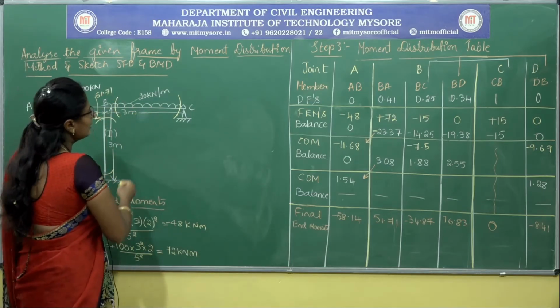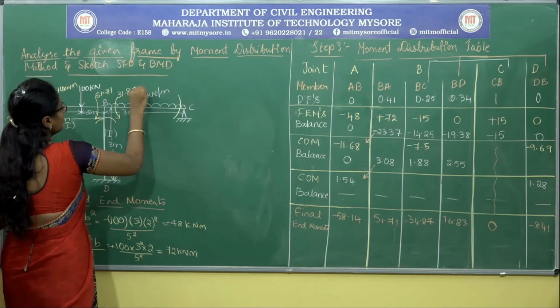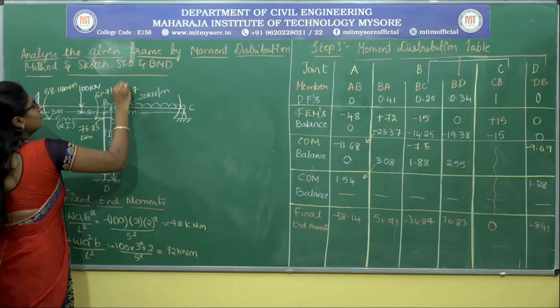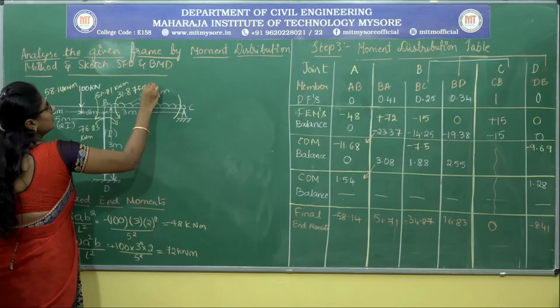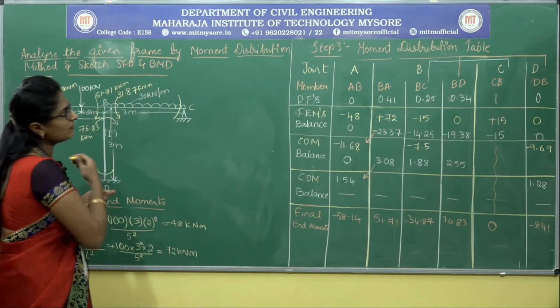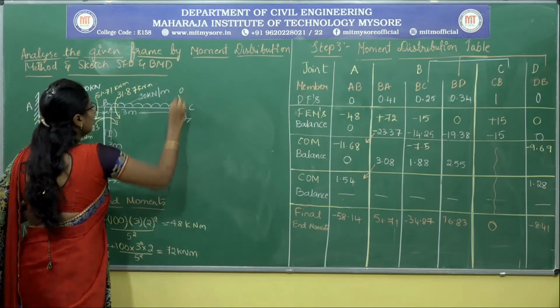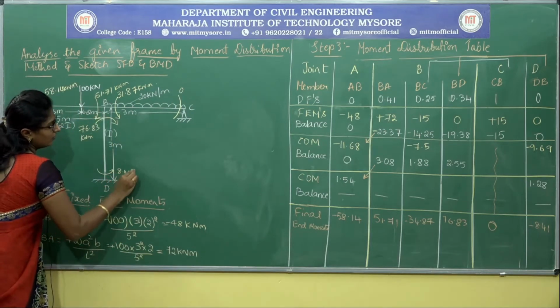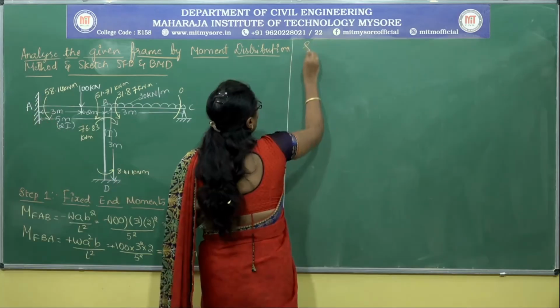For BC, minus 0.87. For BD, kilonewton meter. And for CB, 0, DB it is 8.41 kilonewton meter.